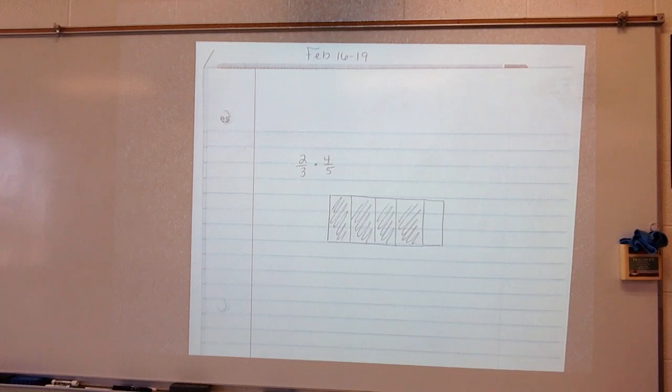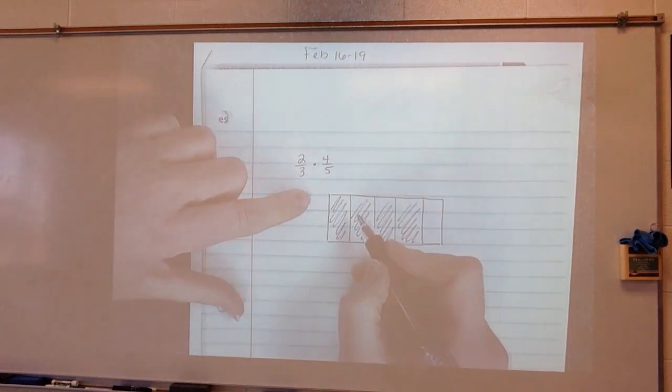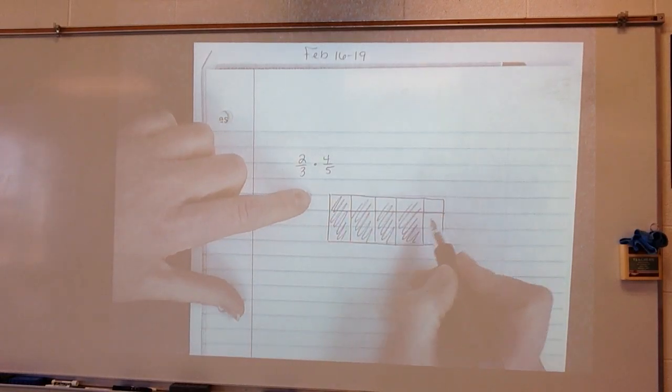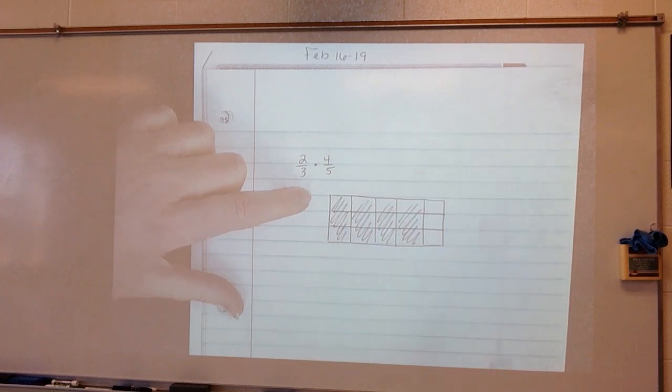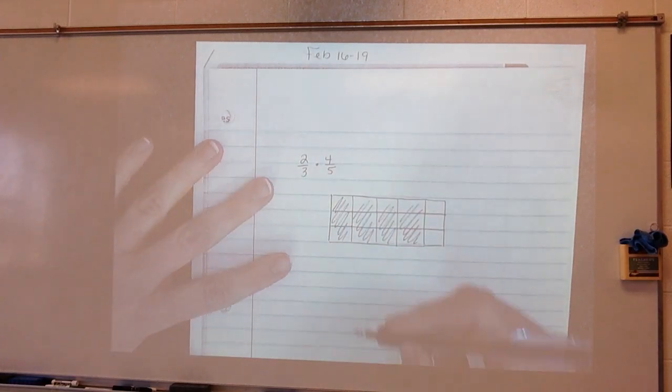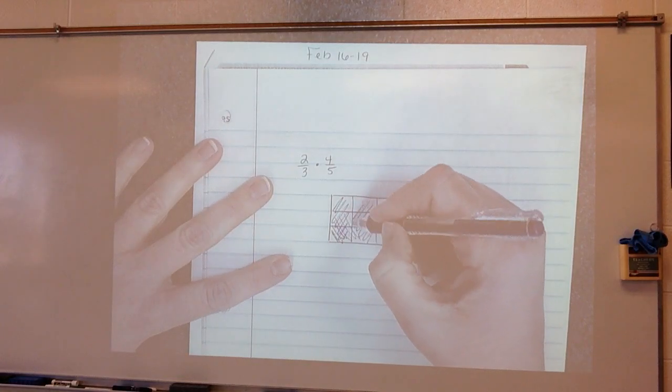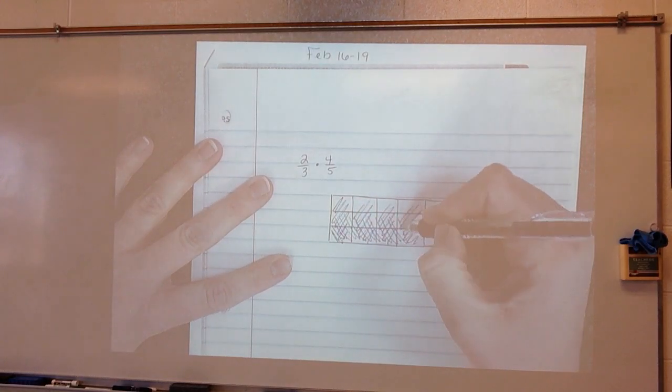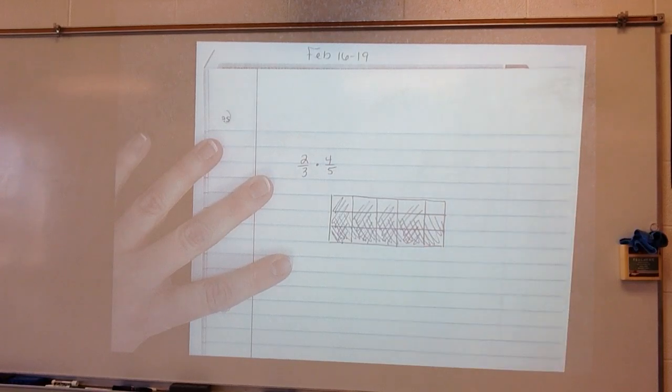Now we need to find 2/3 of the shaded area. So we've got to divide it into thirds. Now I'm going to shade it this way. So 2/3 of that area would be like this.